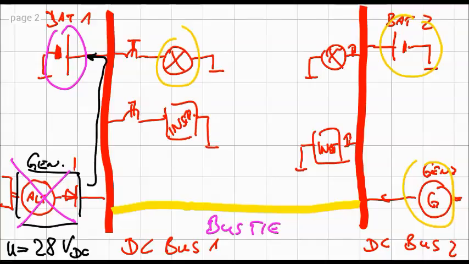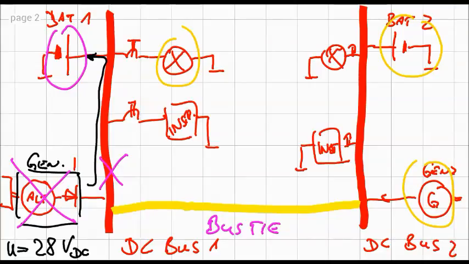Now that doesn't look so smart, because if we lose our bus 1, then this one would cause a loss of bus 2 as well, total darkness. So short circuit on bus 1 would cause a short circuit on bus 2 as well.